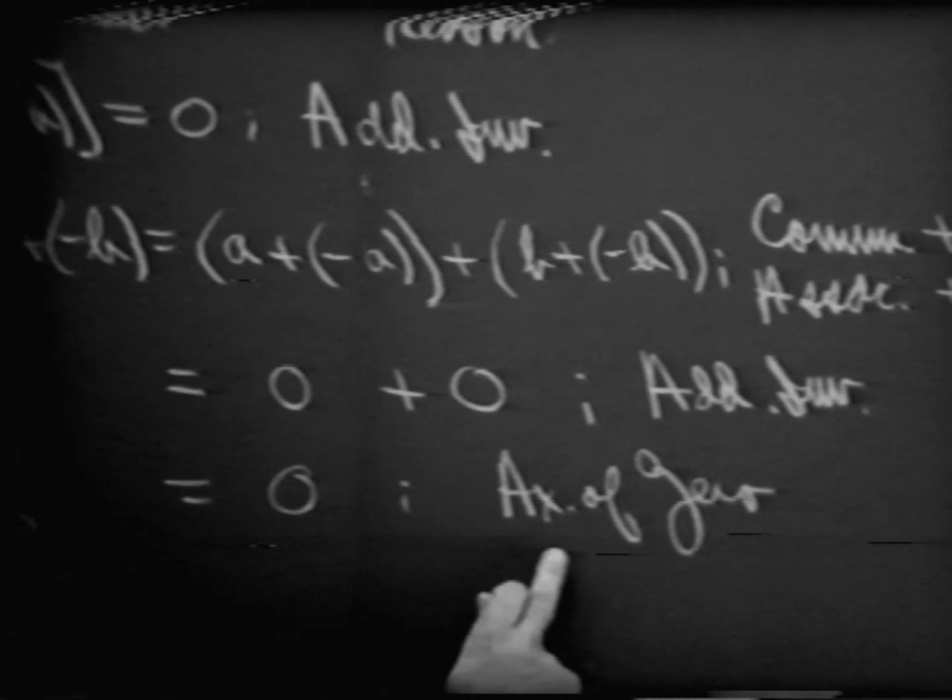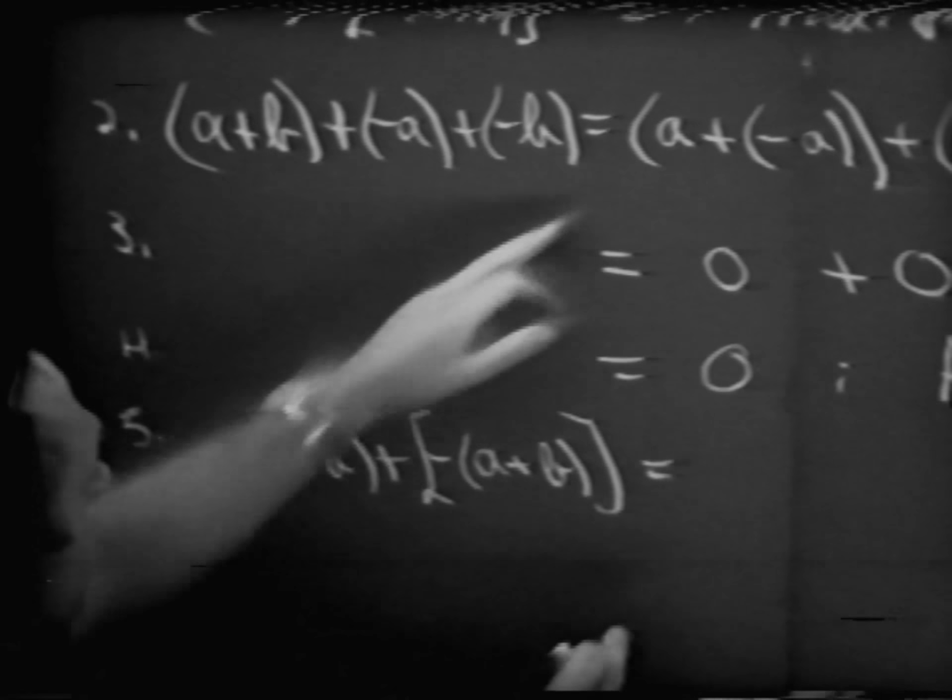Well, let's call that step 4, and then in step 5, our conclusion will be what? We have now from step 1 that this is equal to 0, and in steps 2 to 4 that this is equal to 0. Therefore, what can we say? But that a plus b plus the opposite of a plus b in step 1 must be equal to all of this. Is that right?